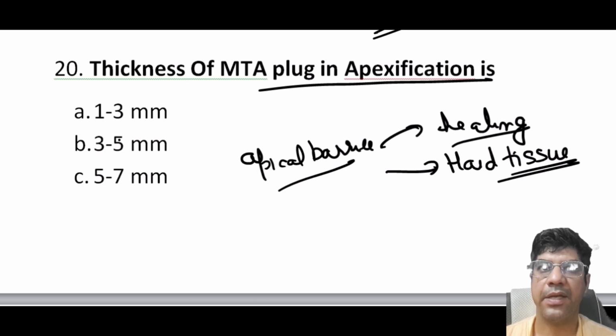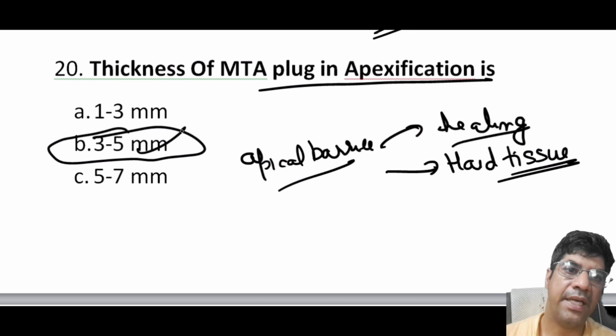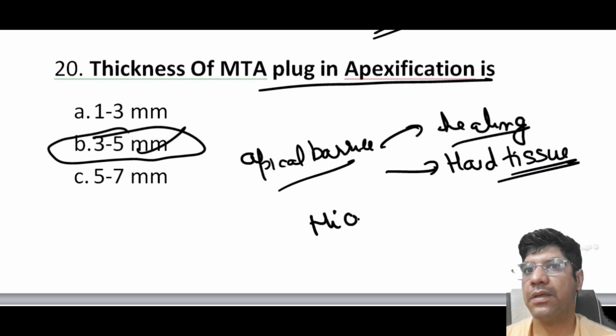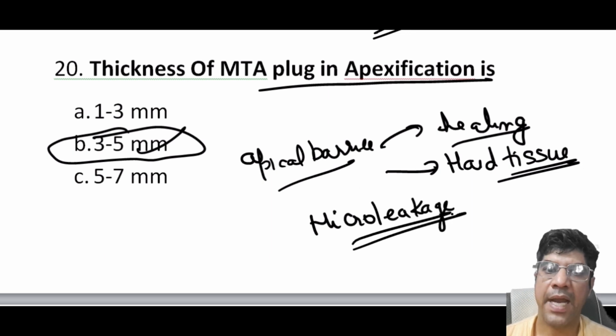A barrier thickness of 3 to 5 mm ensures an adequate seal and provides sufficient material for the barrier to effectively block the apex. So this range allows for optimal healing and prevents the microleakage of fluids and bacteria into the root canal space. So the correct answer is B.